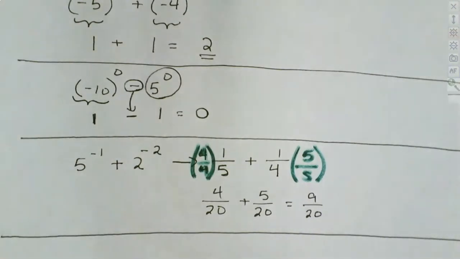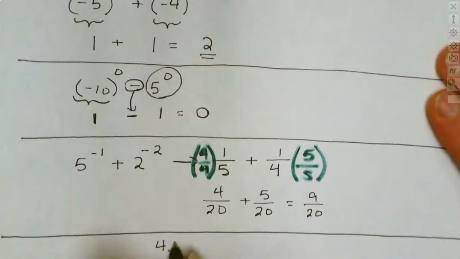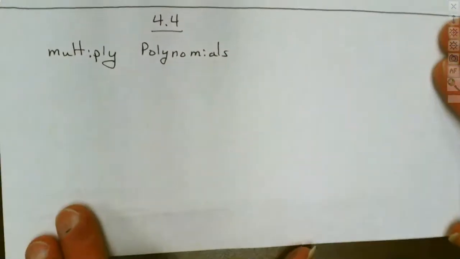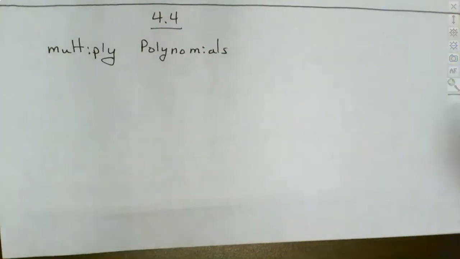Just because of time, we're going to now look at 4-4, which is multiplying those polynomials. This section is very easy. So 4-1 was very difficult. 4-4 is very, very easy.